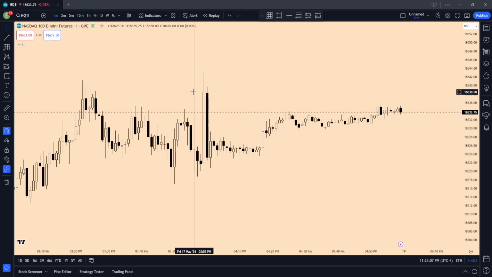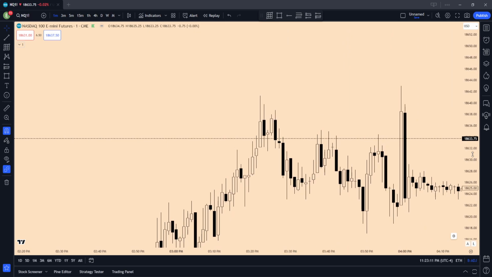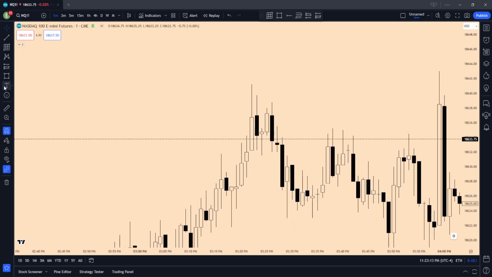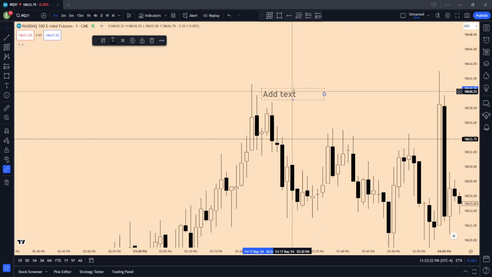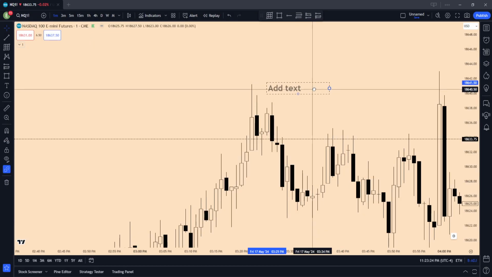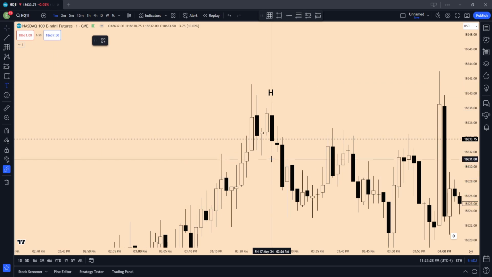But if you scale down, you have bearish structure here. Notice you have a high, you have a high, and then over here you create a low.